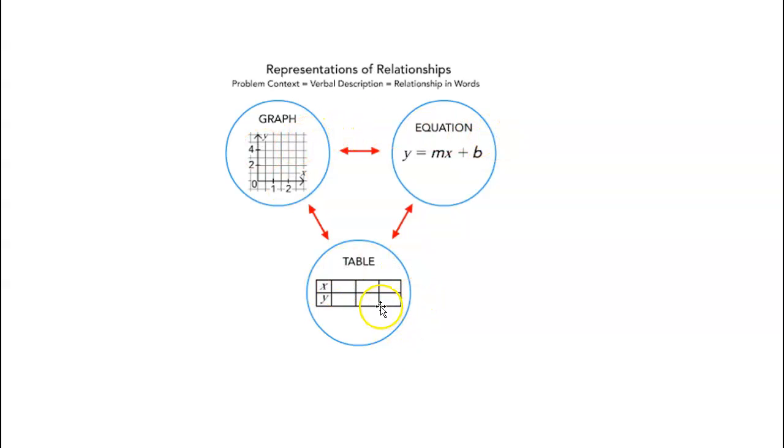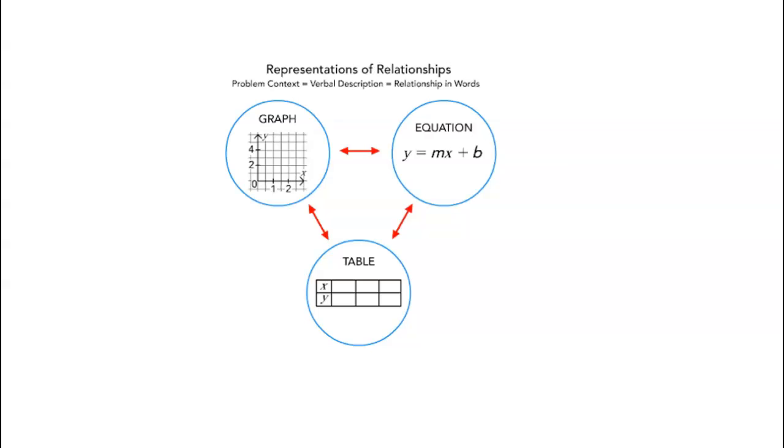But we can always go from a table to an equation and a table to a graph, and vice versa. So we'll get extra practice with tables to graphs and tables to equations on another day.